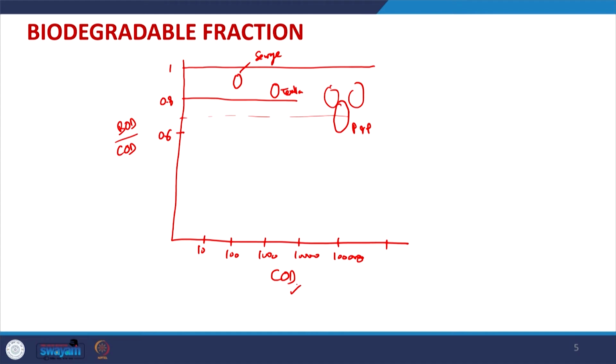The higher the COD value, the more difficult it is to treat that water, but if it contains a biological fraction, we can still go for some anaerobic treatment, so as to take all the methane out of that wastewater. So, this graph gives a lot of idea regarding the treatment methodology that we have to follow.